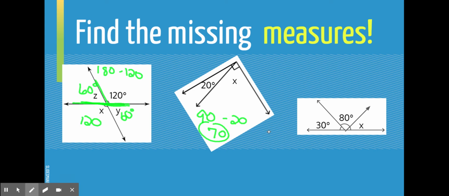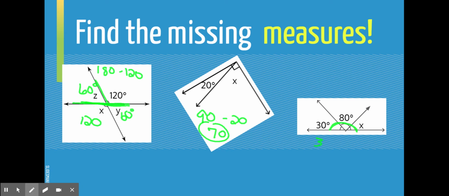All right. Now, let's look at this third one. It looks a little different. I see a straight line, okay? So that typically we're looking at a straight angle here, but I have three angles, right? But all three of them together make that straight line. So that means that this 30 plus this 80 plus the X has to equal 180 because the angles that make up a straight line together add up to 180.